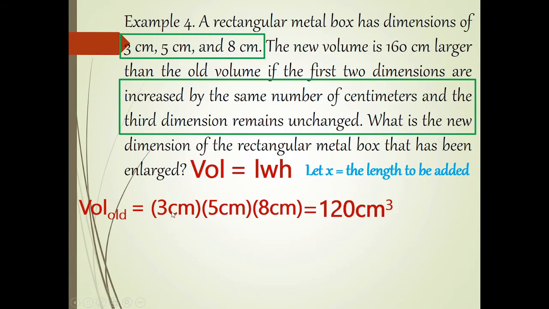So we add it to the 3 and to the 5, because the problem says the first two dimensions are increased by the same number of centimeters, but the third dimension remains unchanged. So the 8 gets no addition.